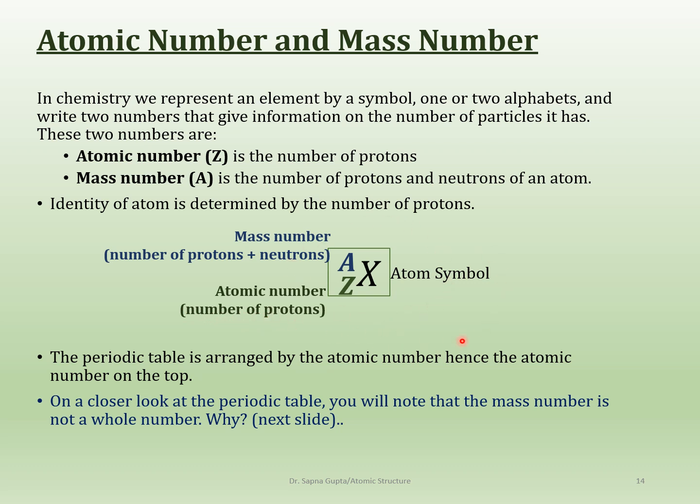Electrons are nowhere there, right? You might think, oh my God, what happened? The electrons are not important. They're definitely important, but in the mass they are not significant. Their mass is so light that it is insignificant.